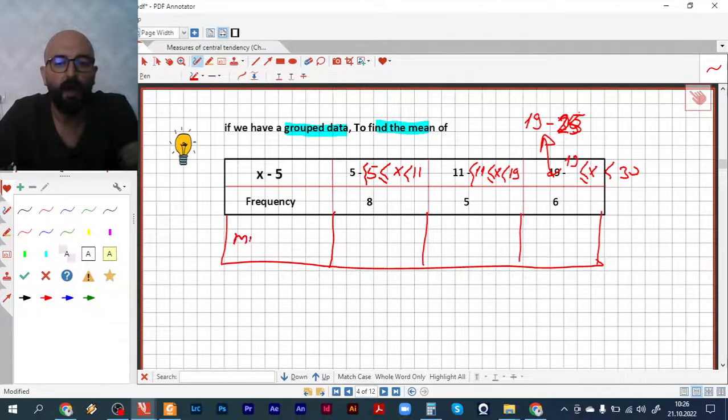So our mid values for this interval: 11 minus 5 over 2, it becomes 3.